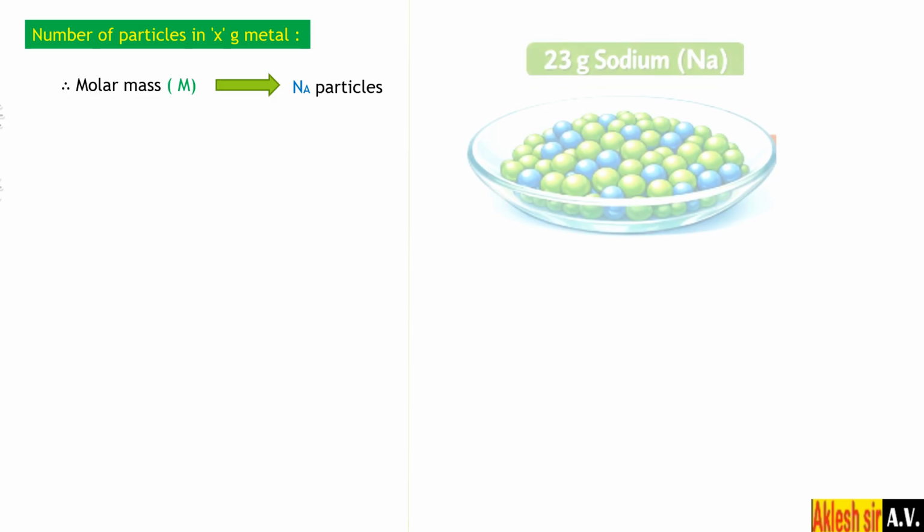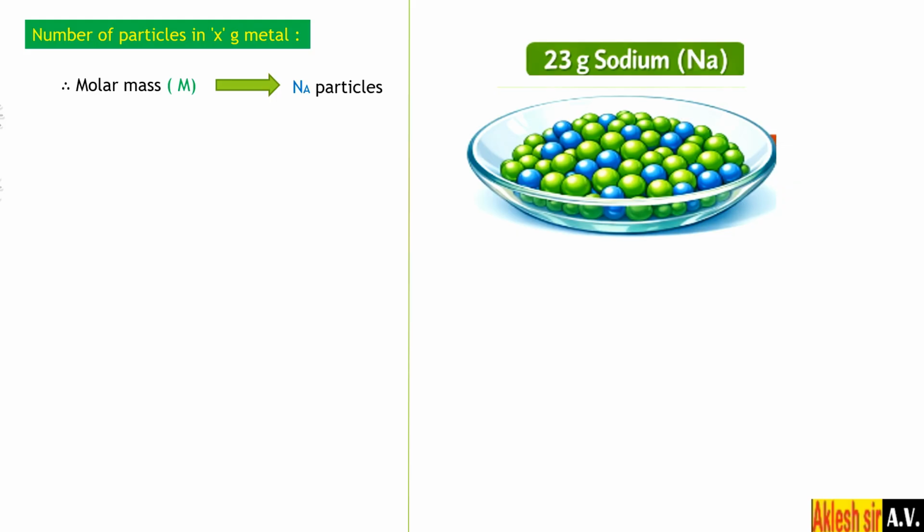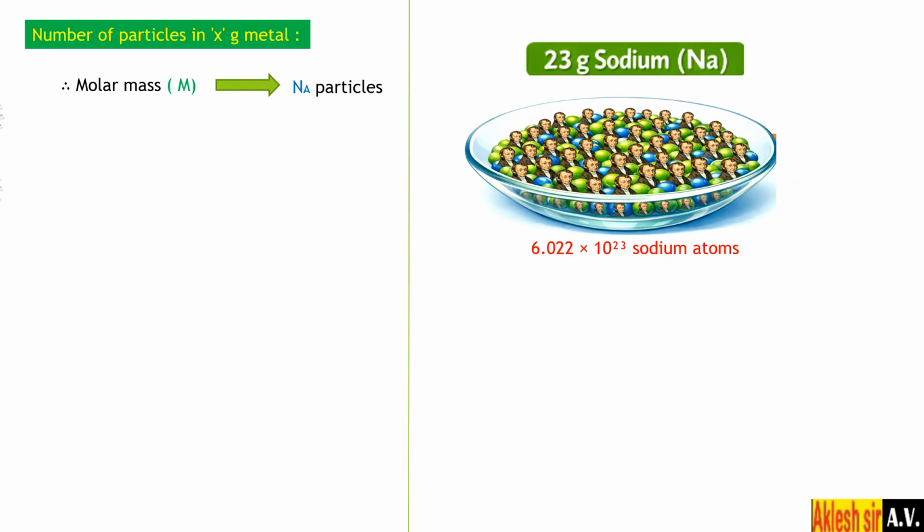Number of particles in x gram metal. Therefore molar mass, M, contains Na particles, that is Avogadro's particles. Let 23 gram of sodium atoms contain 6.022 multiplied by 10 raised to 23. So here 23 gram is molar mass and this number represents Avogadro's number.